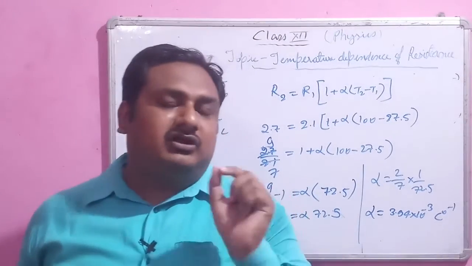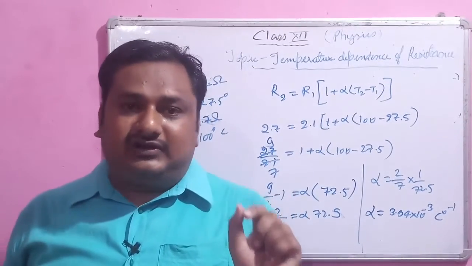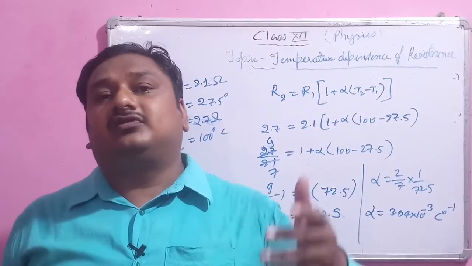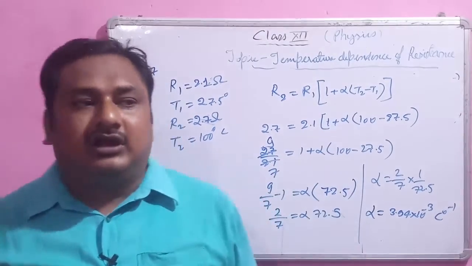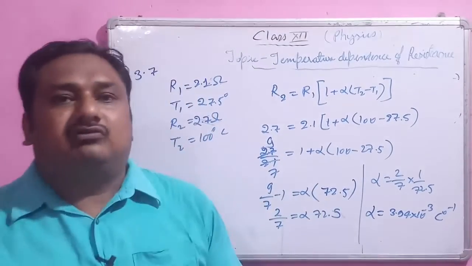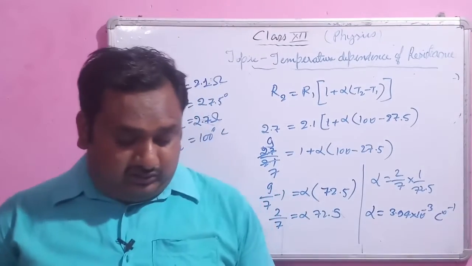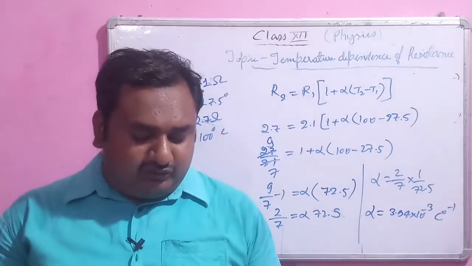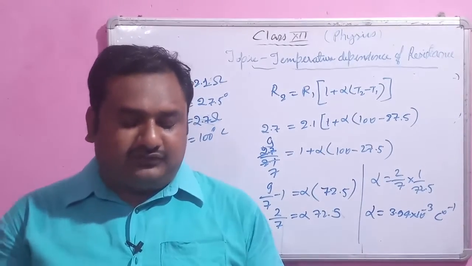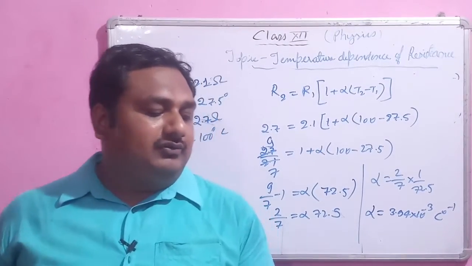Here they are not directly giving the initial resistance, but they are giving it in terms of potential difference and current, and we know that resistance equals V upon I according to Ohm's law. The 3.2 ampere settles after a few seconds to a steady value of 2.8 ampere.